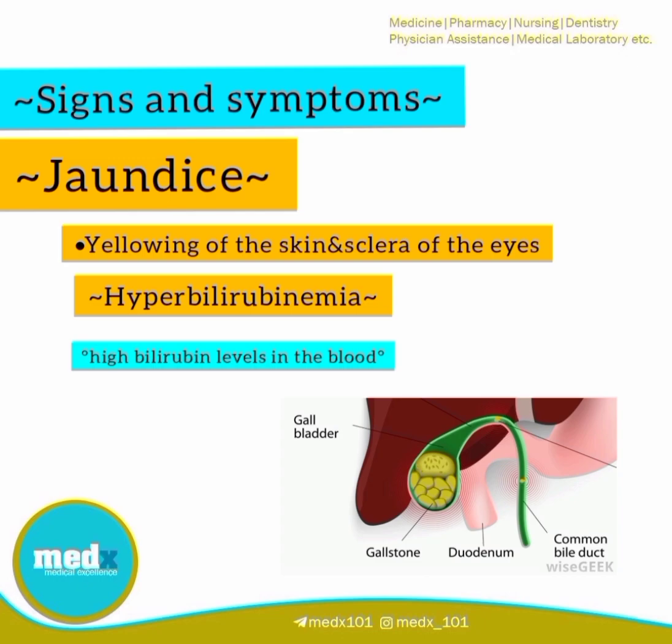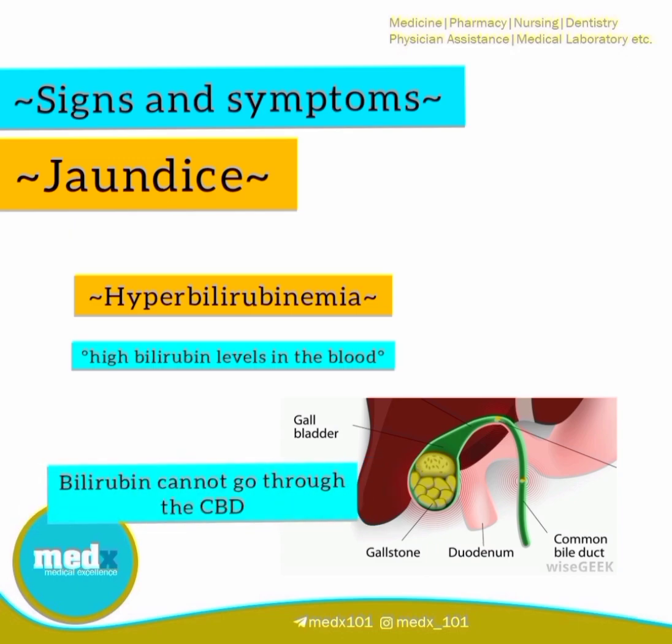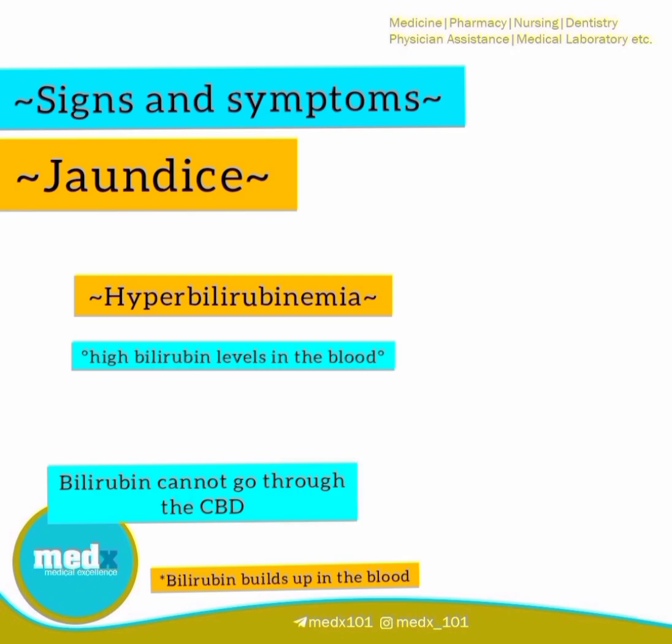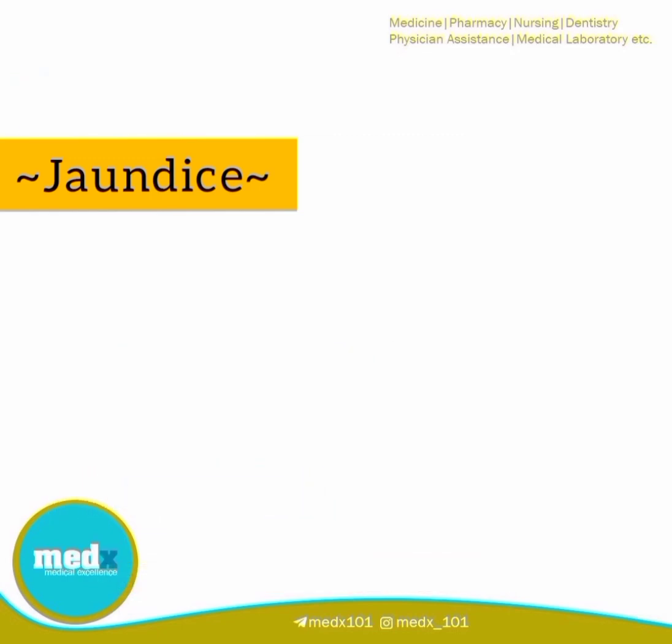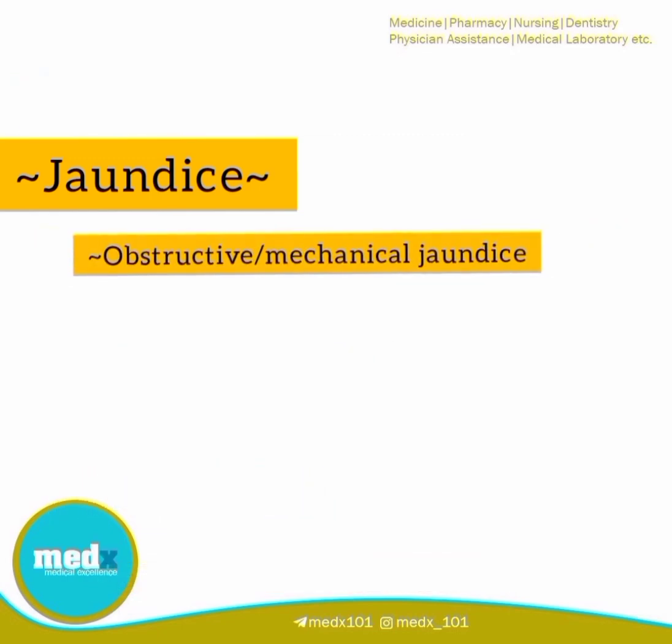But because the common bile duct is blocked, this conjugated bilirubin can no longer get into the small intestine for it to be excreted, so it tends to build up in the blood and start to cause yellowing of the skin and sclera of the eyes. So in this case, it's an obstructive or mechanical jaundice.